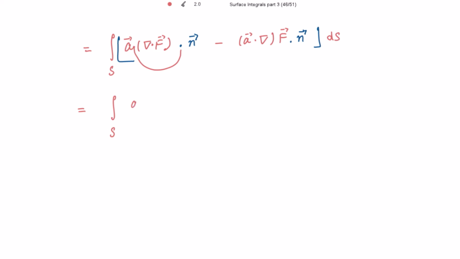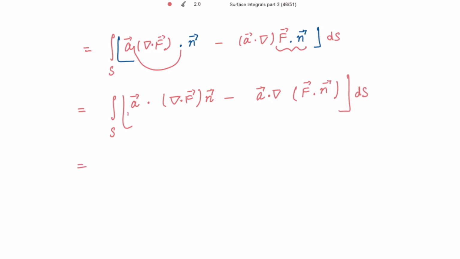So this is the surface integral of a vector taking its dot product with the divergence of f vector, and this divergence of f vector is multiplied with this n vector, minus, taking these two in bracket. And now I need to take this a vector common from these two terms. This is our constant vector with its dot product. So this is a vector having its dot product with this complete surface integral.